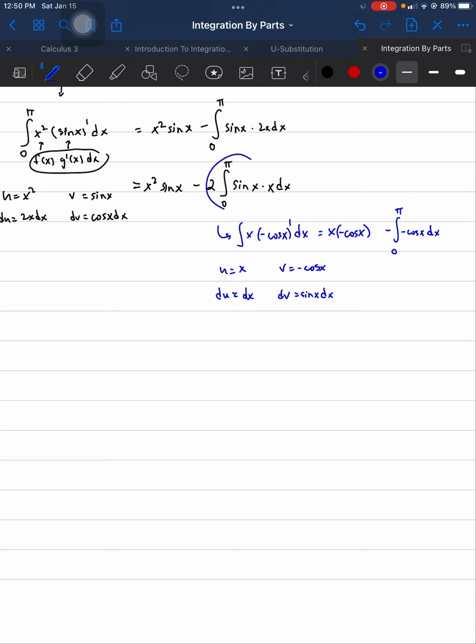So this is what we end up with for this integral.